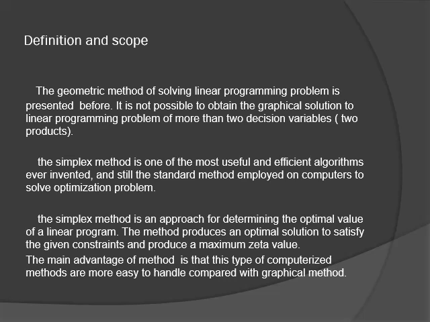So the two main differences between graphical and simplex method: simplex method deals with more than two products, between brackets more than two decision variables, and it is valid to be computerized.